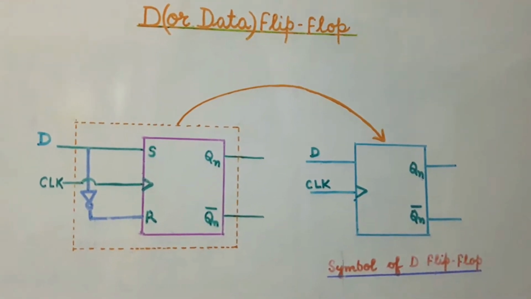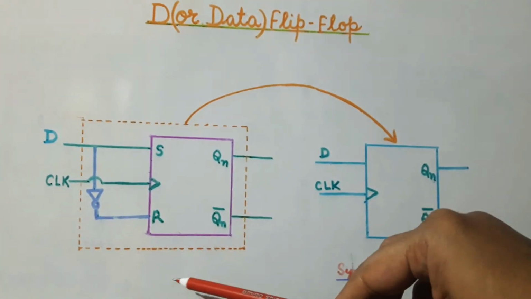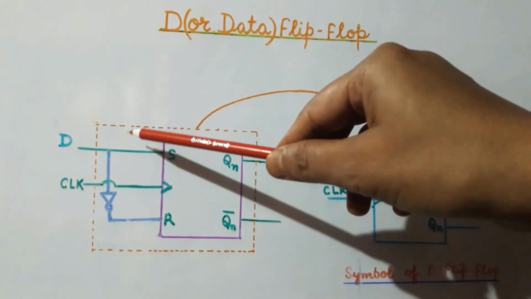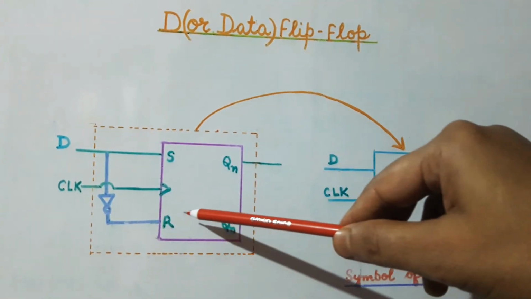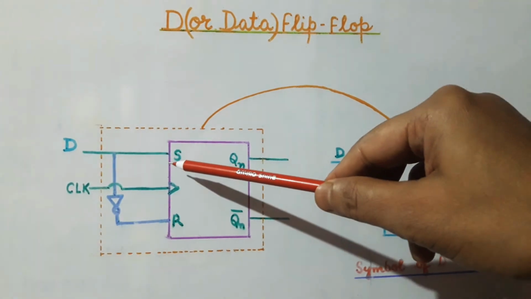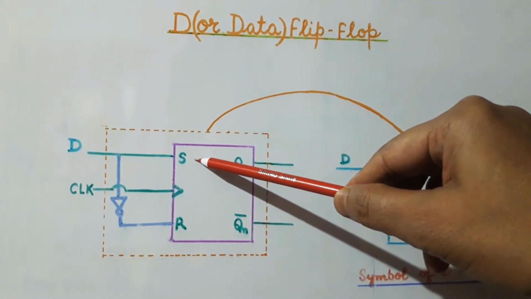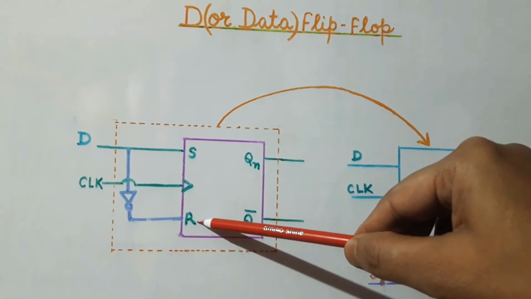So we see that we can convert a SR flip-flop to a D flip-flop by connecting an inverter from the S input to the R input, so that when the value of D is 0, the value of S will be 0 and the value of R will be equal to 1.